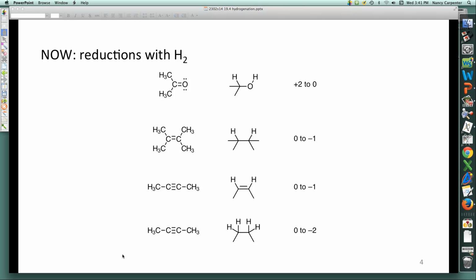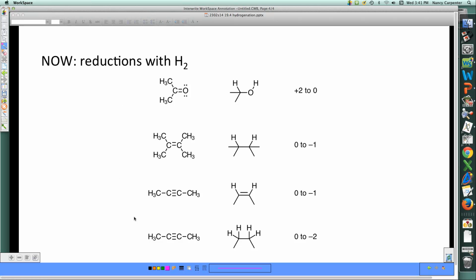Now we're going to look at a new reducing agent, not H-, but hydrogen gas. So it's really straightforward if you look at what's going on. All of these multiple bonds can simply add H2 right across that multiple bond.